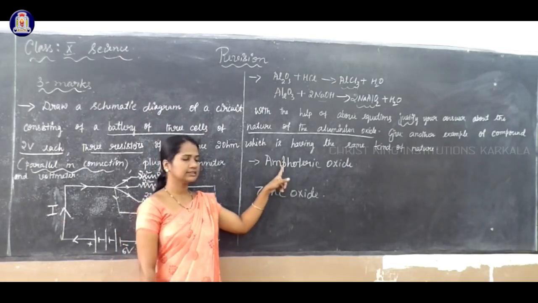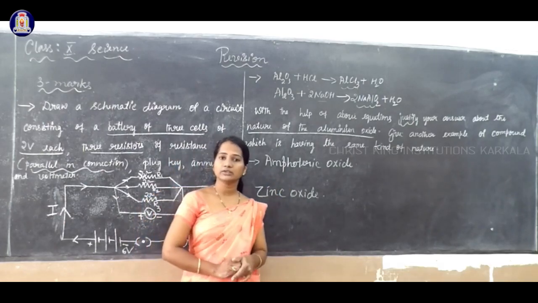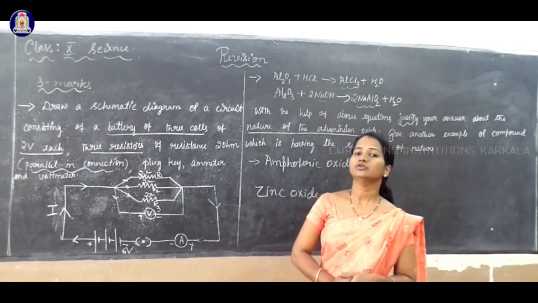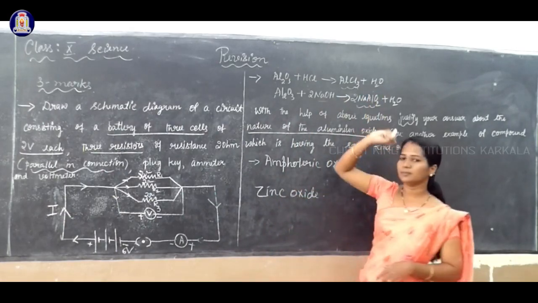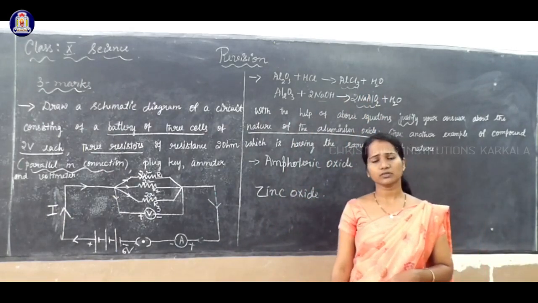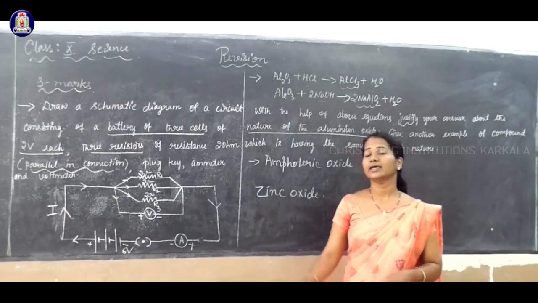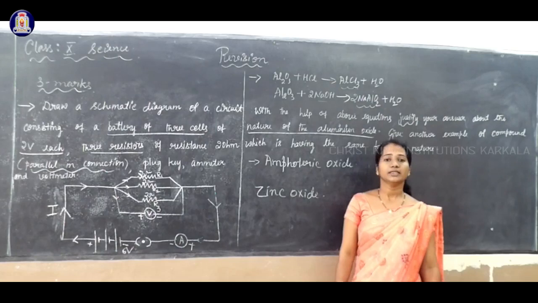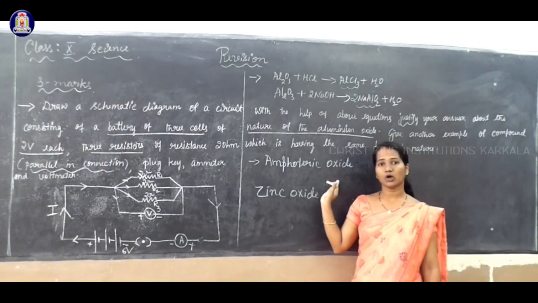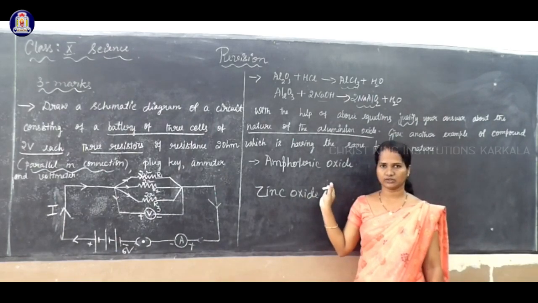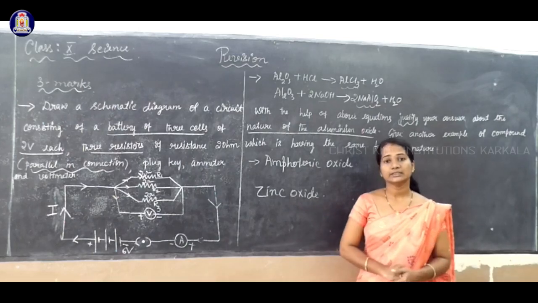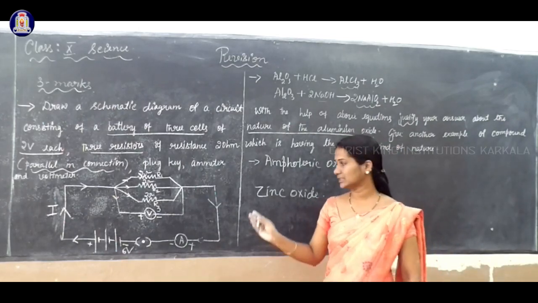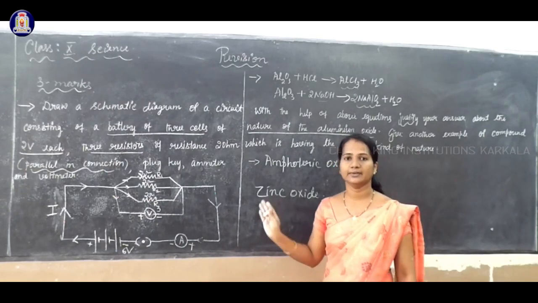Aluminium oxide is an amphoteric oxide because it reacts with the acid, that is hydrochloric acid, to give salt and water. It also reacts with the base, that is sodium hydroxide, to give salt and water. Therefore, it is an amphoteric oxide. That is the justification. One more example is zinc oxide, which also shows amphoteric nature.